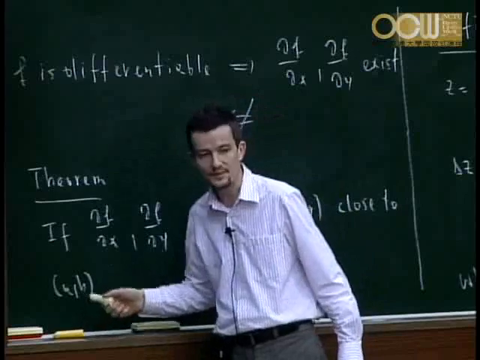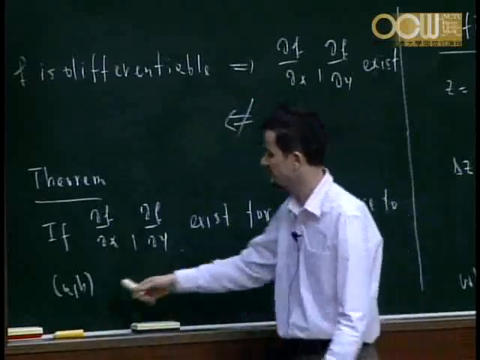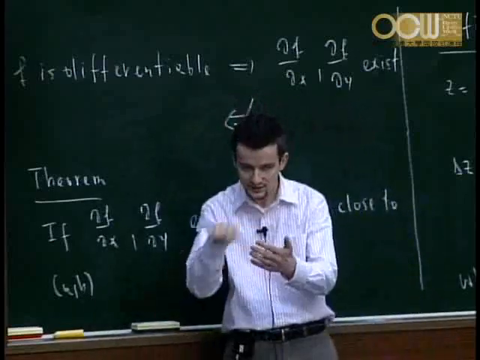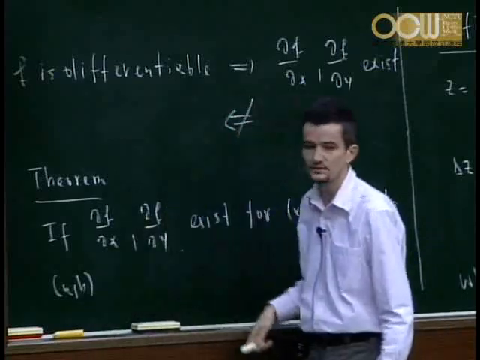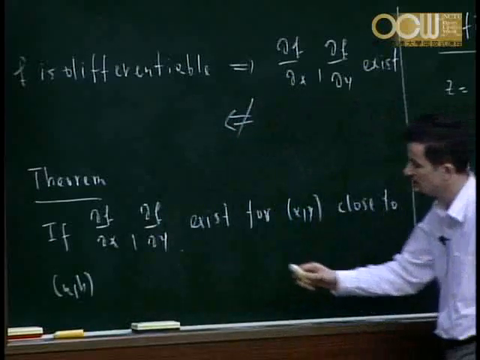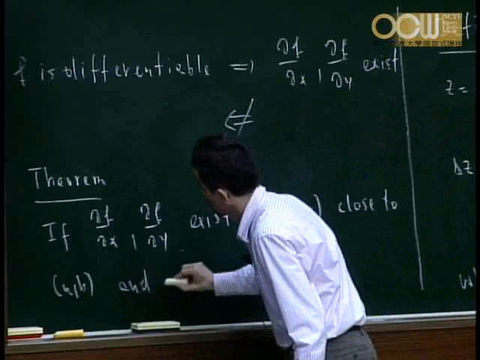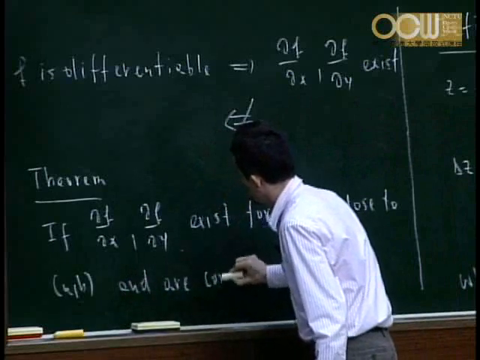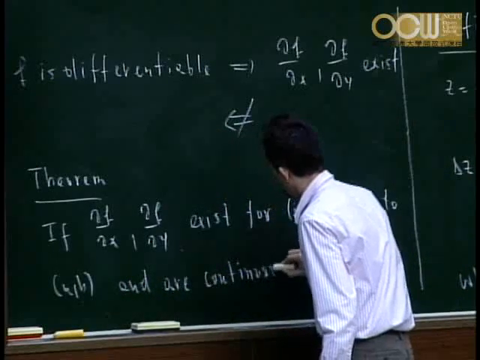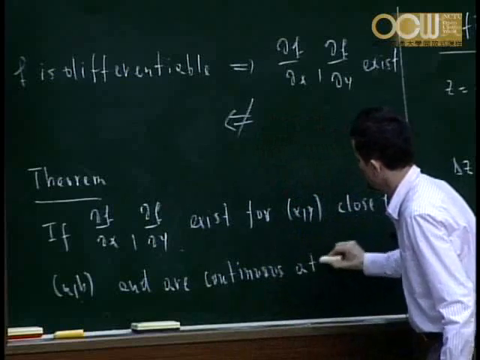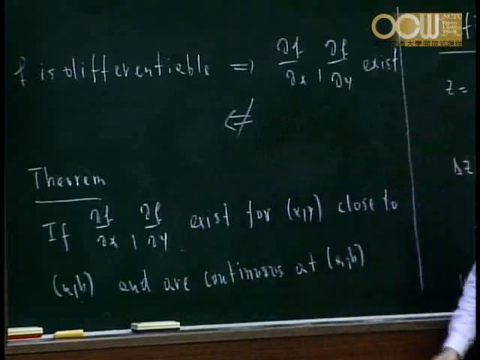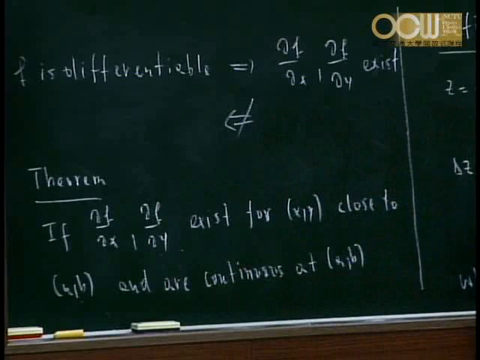So not only in (a,b), but you can think of a little circle around (a,b) where the partial derivatives still exist, and are continuous at (a,b), then we have that f is differentiable at (a,b).